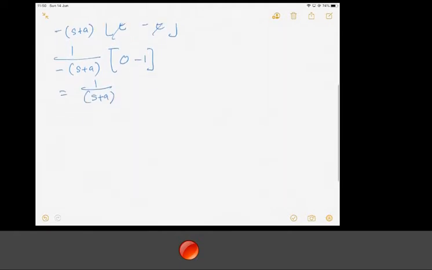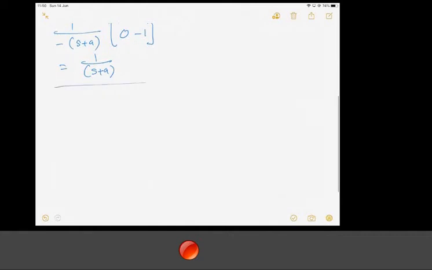Okay, there's another case. If s is less than negative a, so in what condition? The s is less than negative a. So let's say s equal to 5 and a is equal to negative 6. So we try 5 and negative 6.